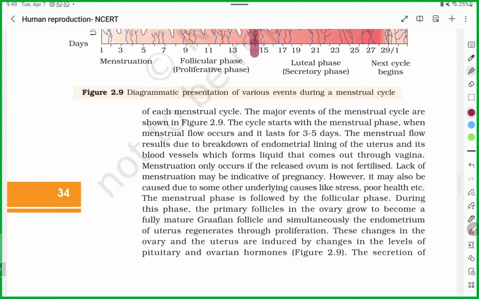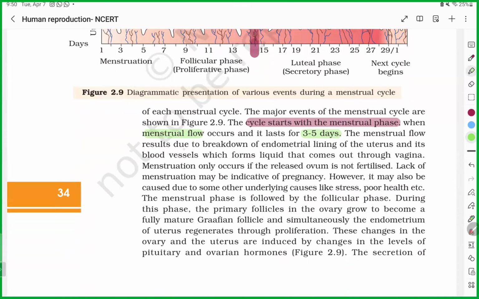The cycle starts with the menstruation phase and menstrual flow. Bleeding will happen. How many days? 3 to 5 days. But in reality, it can vary from 2 days to 1 week, 8 or 9 days. It depends from person to person.